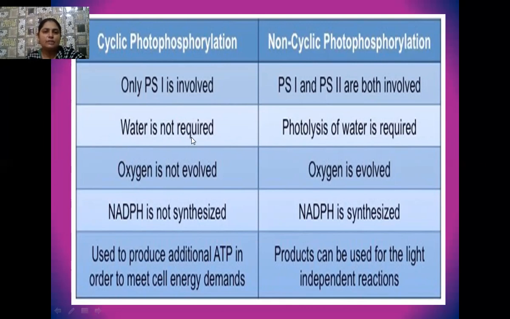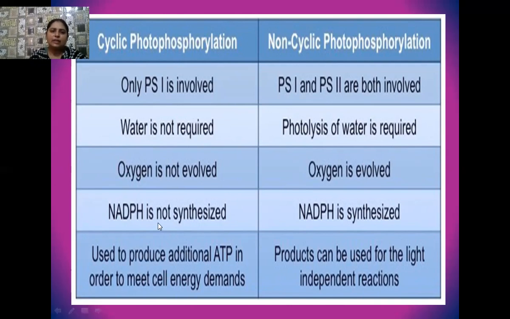In cyclic photophosphorylation, water is not required. In non-cyclic photophosphorylation, photolysis of water is required because it supplies electrons, which are very much required for the initiation of the reaction. In cyclic photophosphorylation, oxygen is not involved, and in non-cyclic photophosphorylation, oxygen is involved.